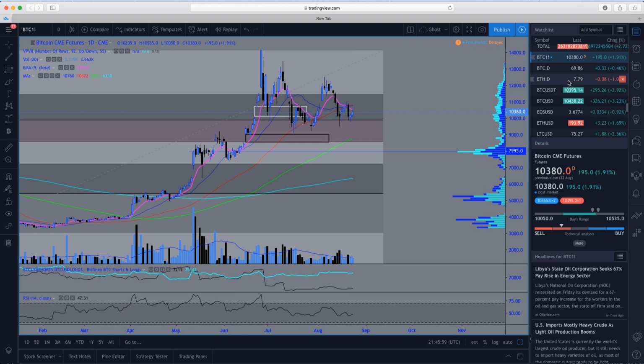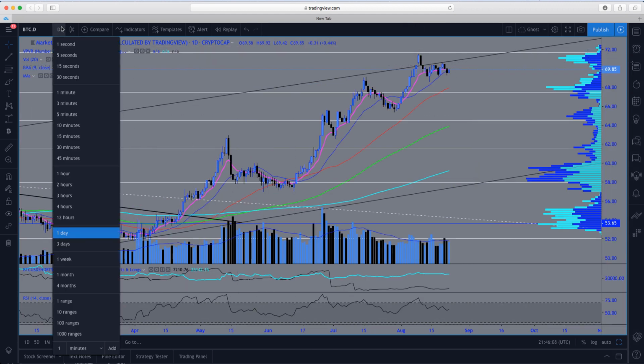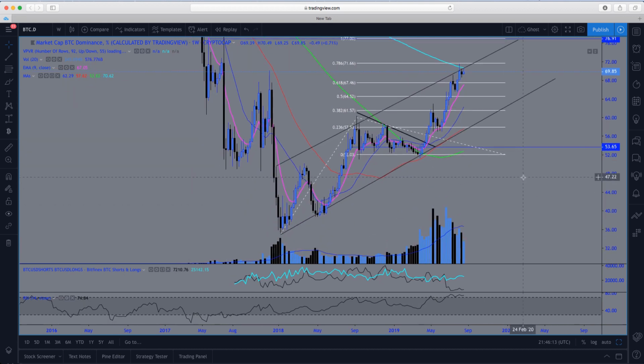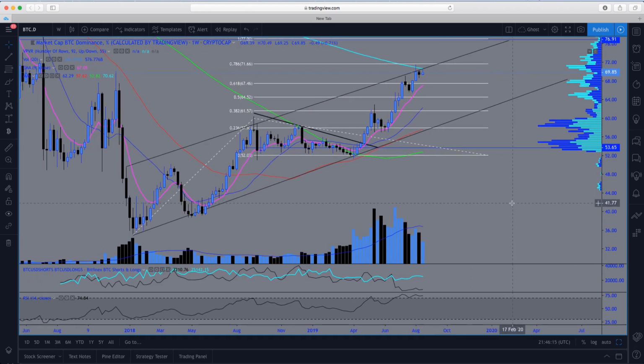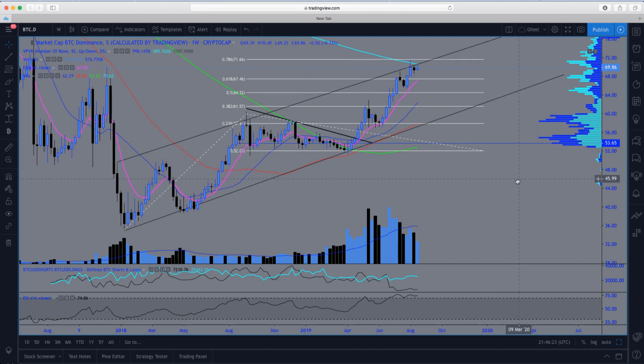And just lastly, our BTC Dominance chart. I believe this one on the weekly was better to view. Just bear with me. Okay, so the weekly dominance chart, I have my fib extension set up here.